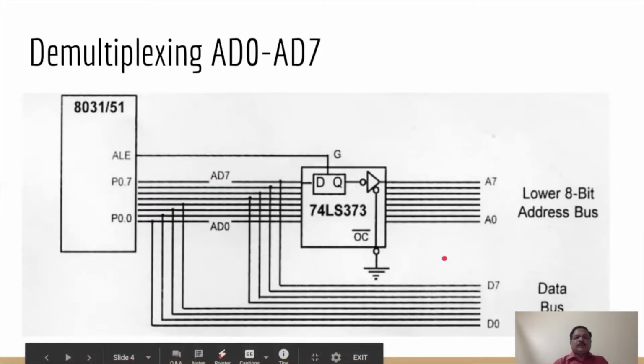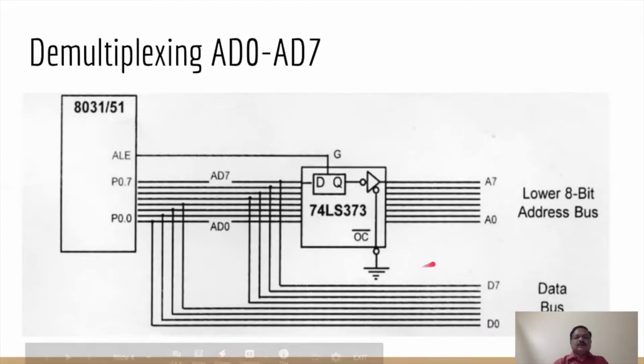One more thing, remember that port 0 and port 2 of the 8051 are used for address and data purposes whenever they are not used for parallel data transfer, input output. During the first part of the machine cycle, the ALE signal goes high. That indicates the address is available on this common bus, and hence A0 to A7 are latched, and later the same bus is used as a data bus.